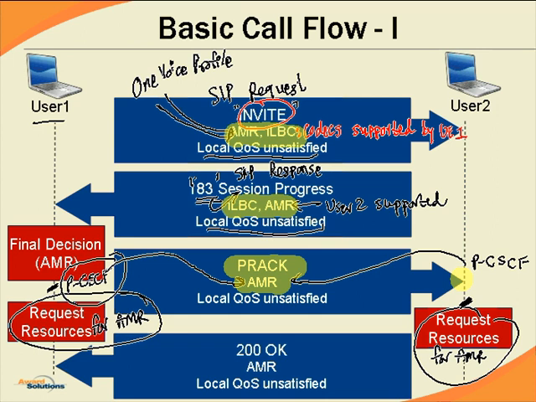So here we say request resources, but more accurately speaking, proxy has observed these provisional acknowledgement that indicates the agreed negotiated QoS, AMR 12.2 as an example.